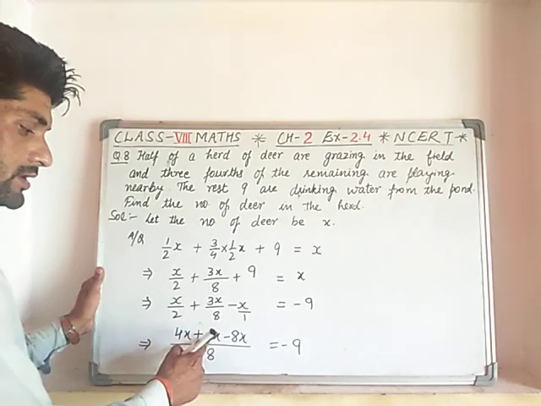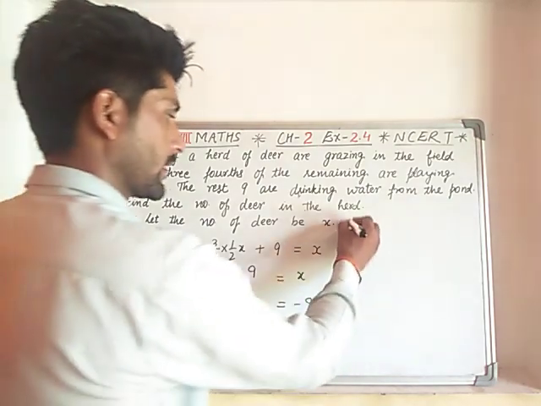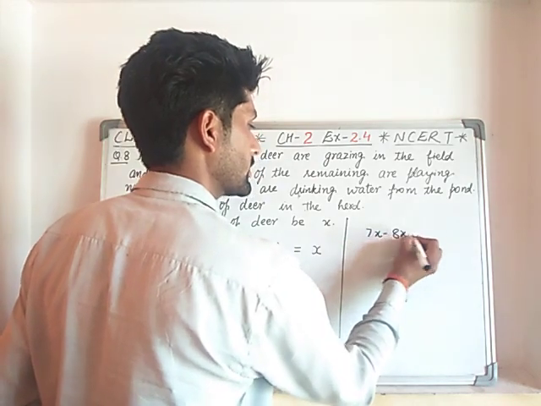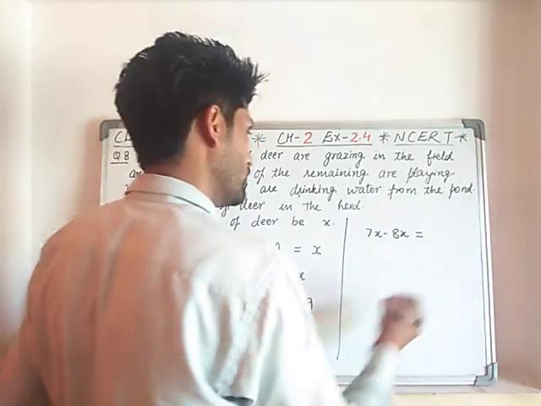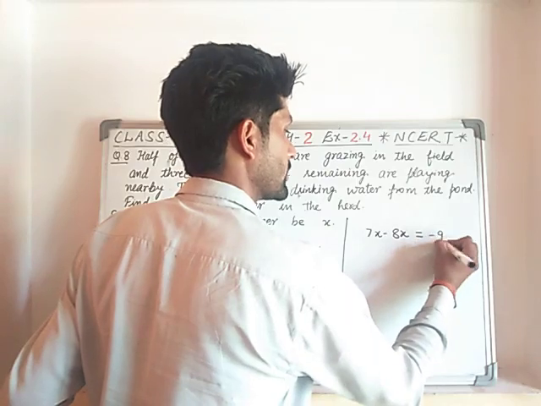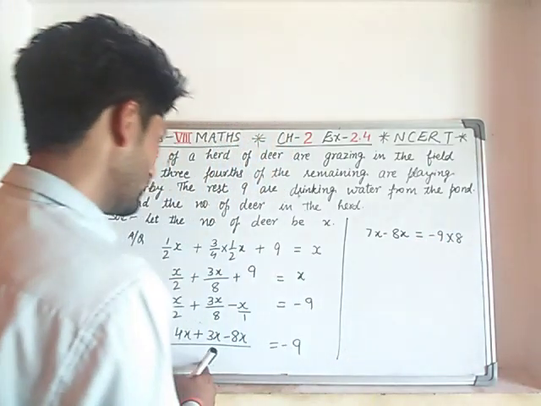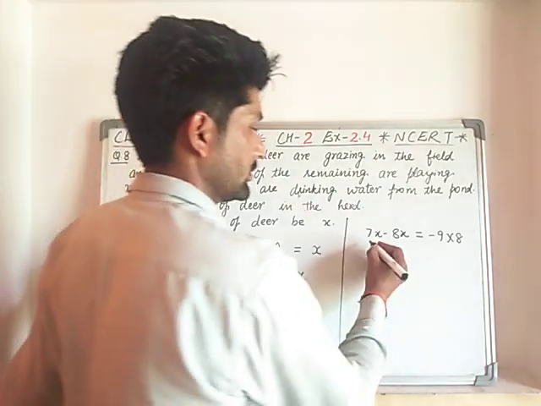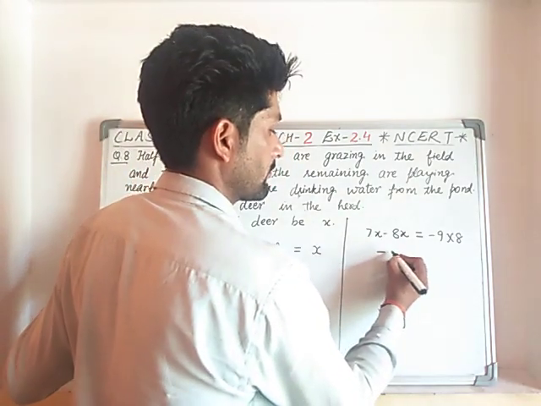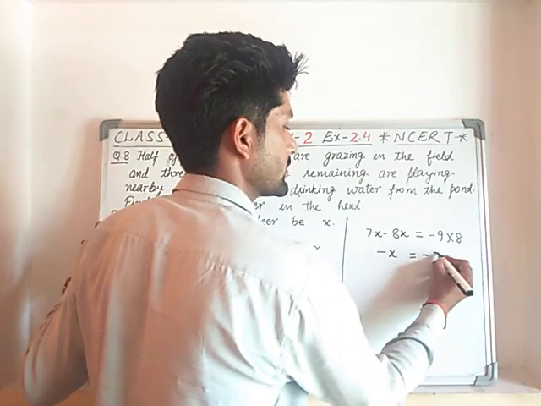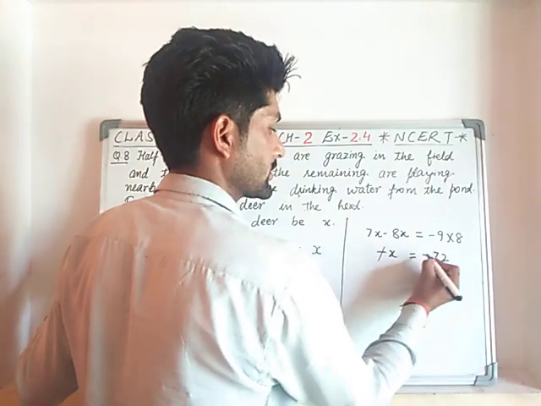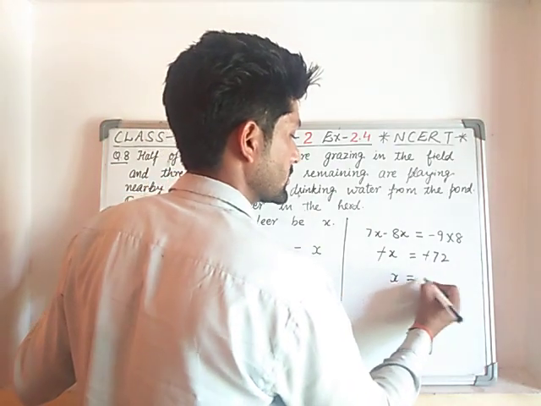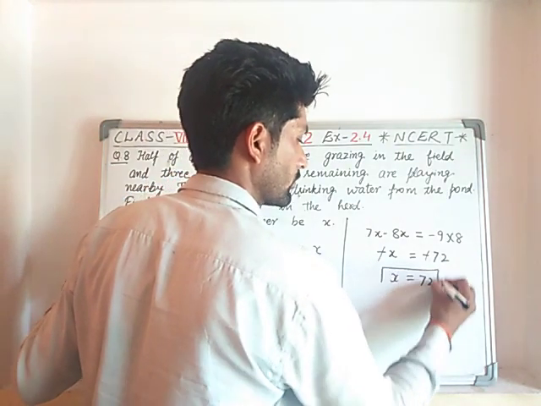So 4 plus 3 is 7x minus 8x is equal to minus 9 into 8. This 8 will multiply with minus 9. And 7x minus 8x is minus x is equal to minus 72. Minus will cancel by minus, and finally x is equal to 72.